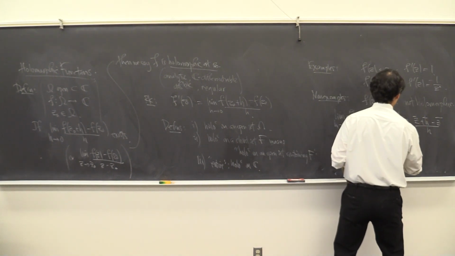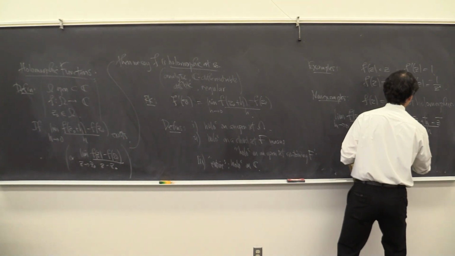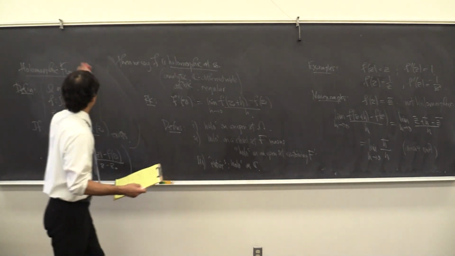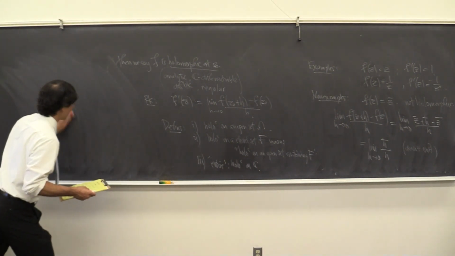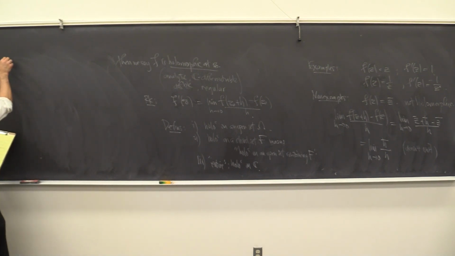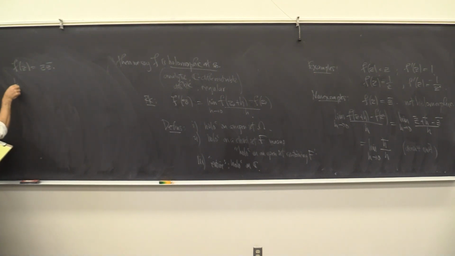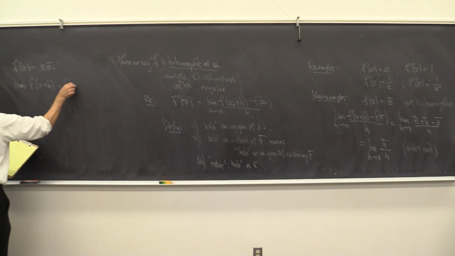Or to give another example, another non-example: if f of z is, say, |z|², then we look at this quotient again.